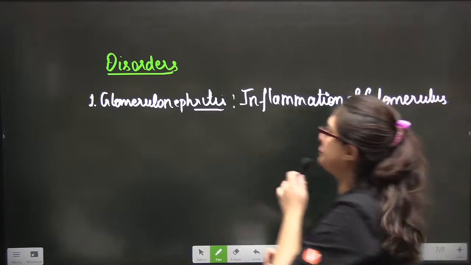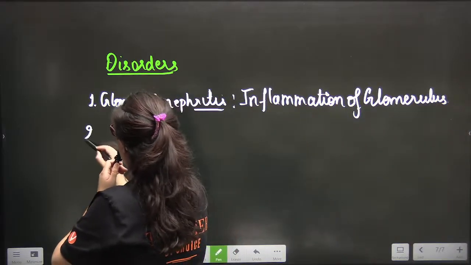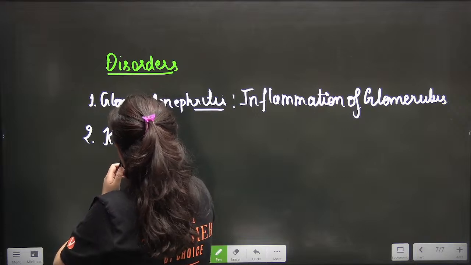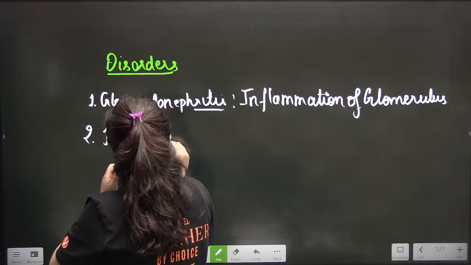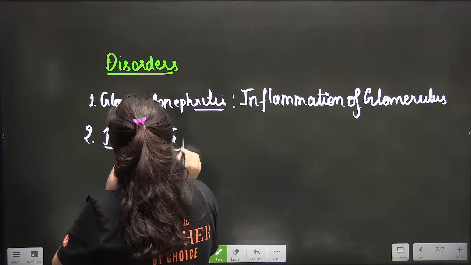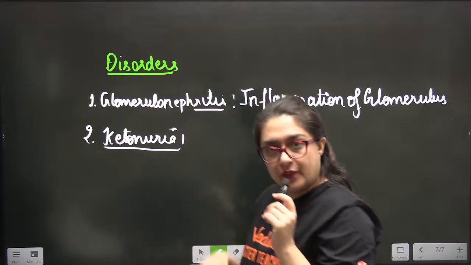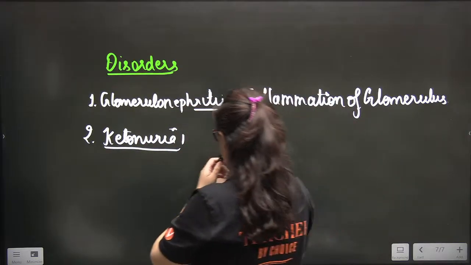Done? Ketonuria means presence of ketone bodies in the urine.